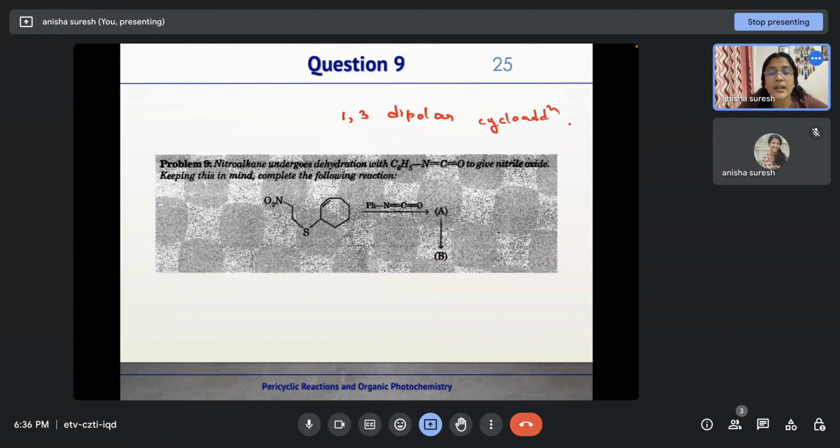So we know, and we have seen in the lectures, that in the presence of this phenyl isocyanate, this group will undergo a dehydration reaction resulting in the formation of nitrile oxide. So that nitrile oxide will be compound A, and that compound A, nitrile oxide, will be acting as the 1,3 dipole, and this will act as the dipolarophile, and it will undergo a 1,3 dipolar cycloaddition reaction resulting in the formation of B. So what will be the mechanism for that reaction?